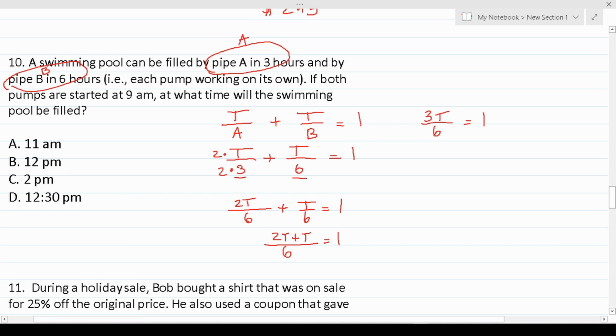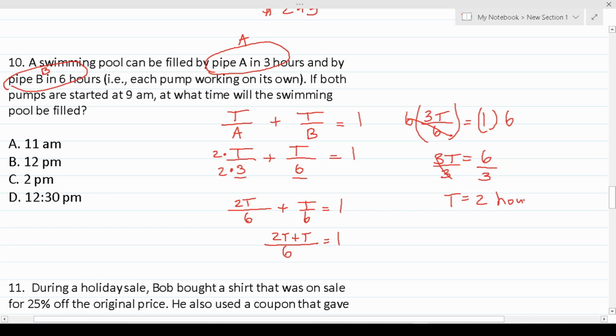And it should be clear now that we're just solving for t. To do that, I'm going to multiply both sides by 6 to get rid of it in the denominator. This crosses out, leaving me with 3t equals 1 times 6, which is 6. Divide both sides by 3 to get t by itself. This is t equals 6 over 3, or 2.